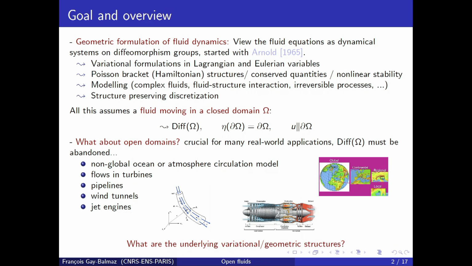So the goal is to see what can we say in situations like this, in which the fluid can flow in or out from the boundary. So this happens, for instance, if you do meteorological applications, but you concentrate only on some regional area, right? You don't want to describe the whole dynamics on the whole globe, but just on some specific region of interest.